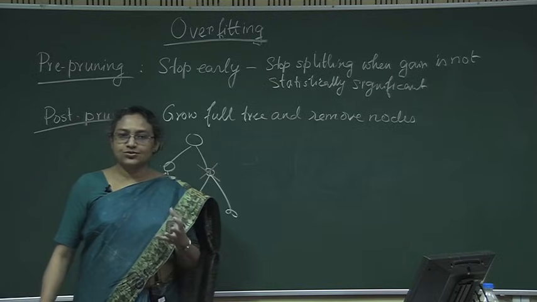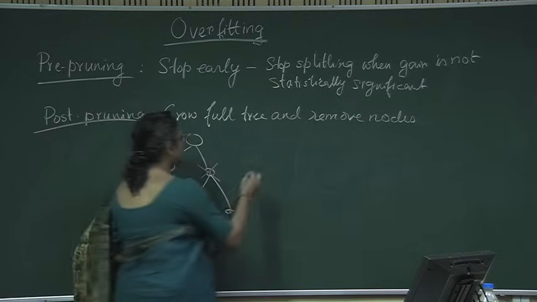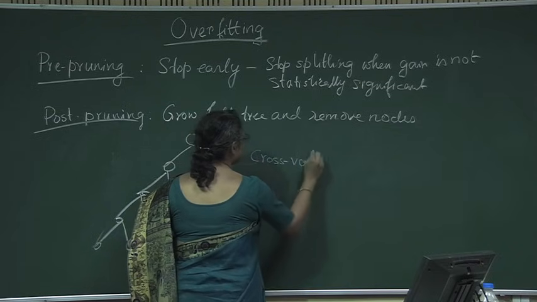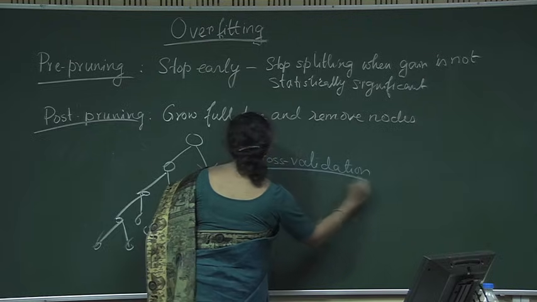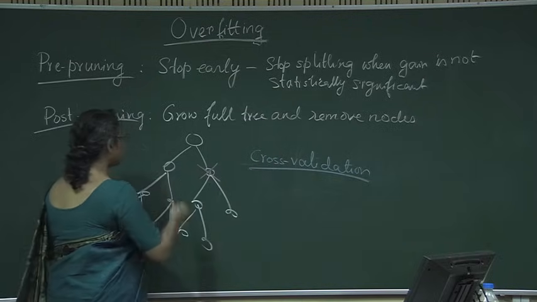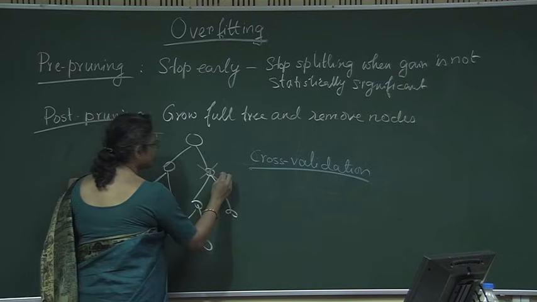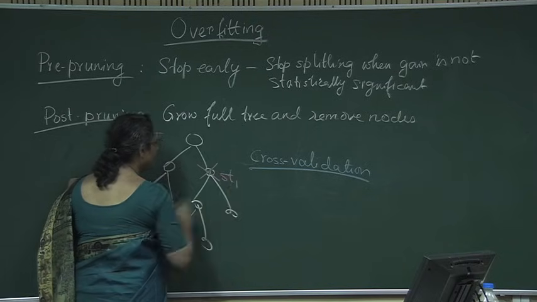Now, what you can do is use cross validation. You can use a validation set and check the error of the original tree T, and suppose this is the subtree ST1.